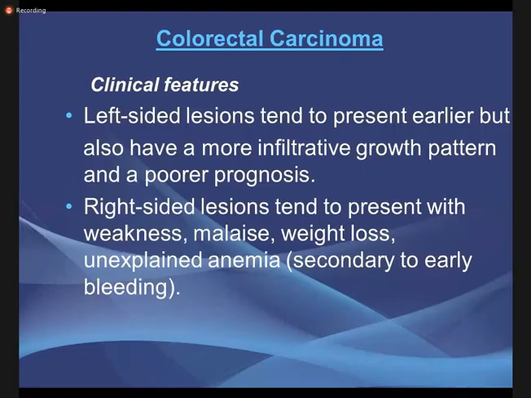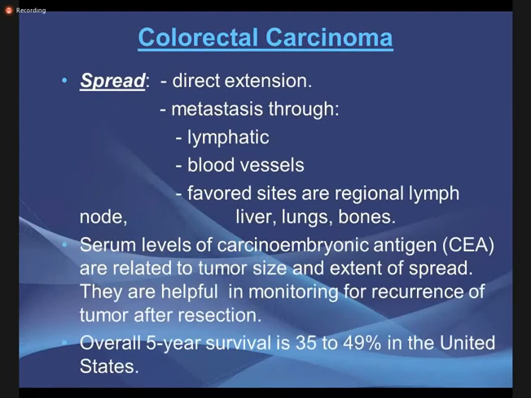Now the clinical features: left-sided lesions tend to present earlier but also have a more infiltrative growth pattern and poor prognosis. Right-sided lesions tend to present with weakness, malaise, weight loss, and unexplained anemia secondary to early bleeding. Colorectal carcinoma spreads either directly to nearby organs, distant organs, or by metastasis through lymphatics and blood vessels, and favored sites are regional lymph nodes, liver, lungs, and bone.